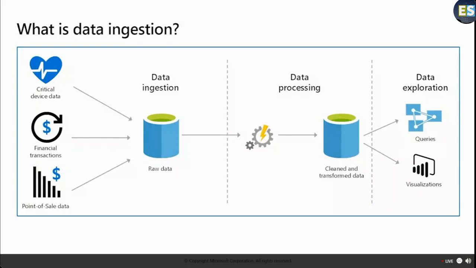Or with measurement data, we might want to convert it so that it all conforms to the same metrics. But if we're doing transformation at this stage, remember to keep it quick. Don't run any complex calculations or aggregations during the data ingestion stage. If you do need to, then store the data first and process it later.